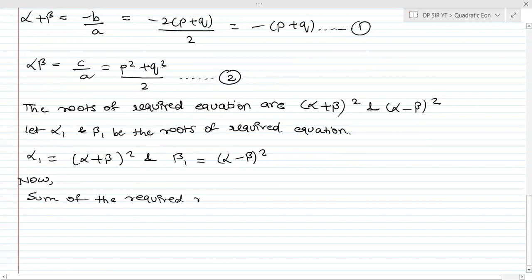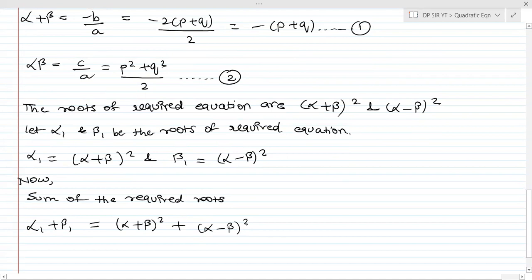Since it is the root, alpha 1 plus beta 1 is equal to alpha plus beta the whole square and alpha minus beta the whole square.